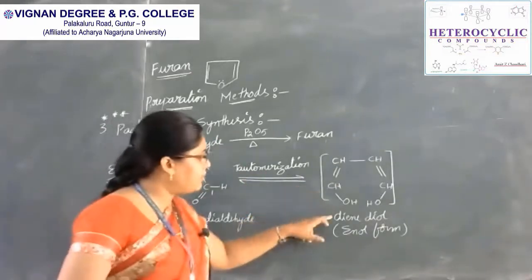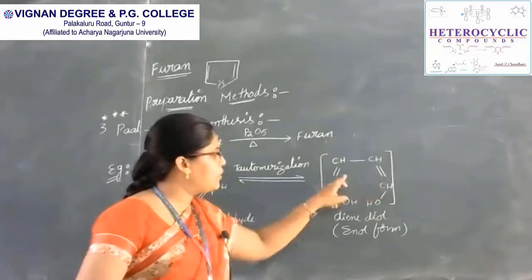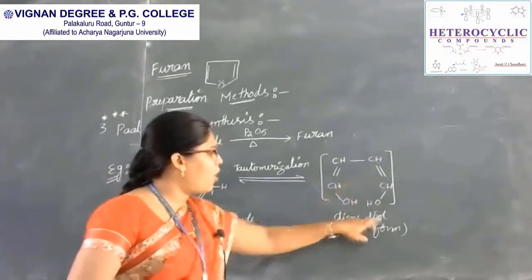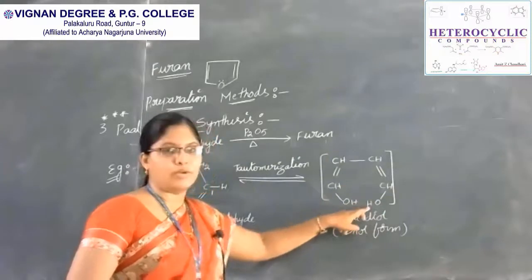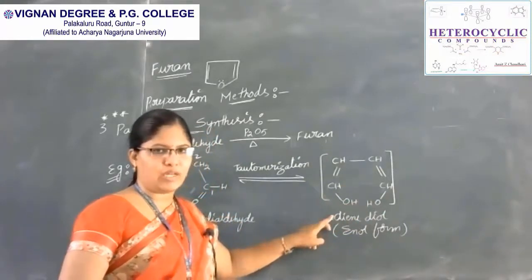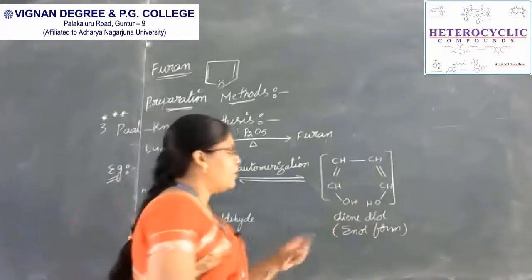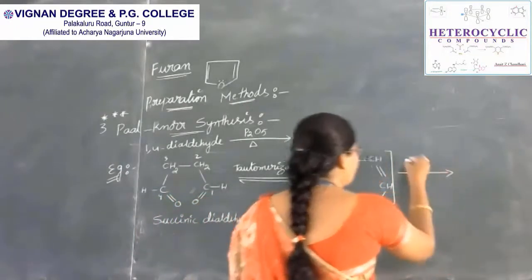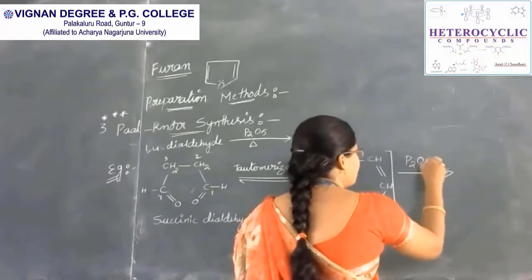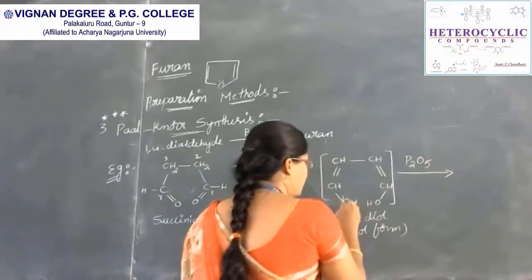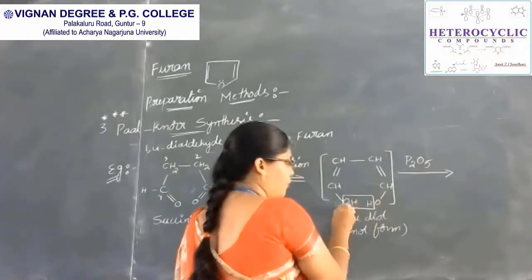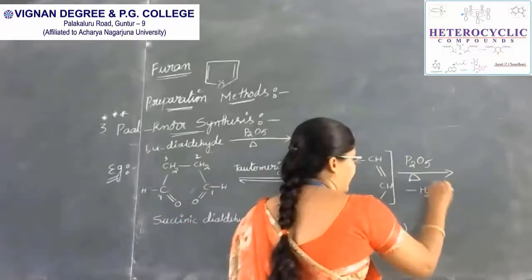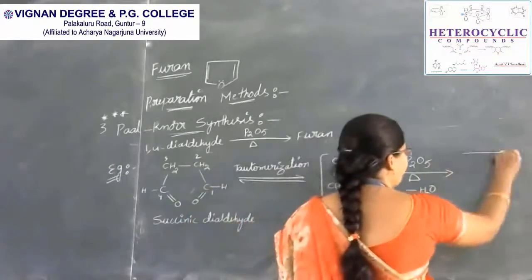Di means two double bonds, and diol, two alcoholic groups, so it is called dienediol. It is an enol form. This dienediol is an unstable species, which can react with the phosphorus pentoxide, it loses a molecule of water, and it is converted into furan.